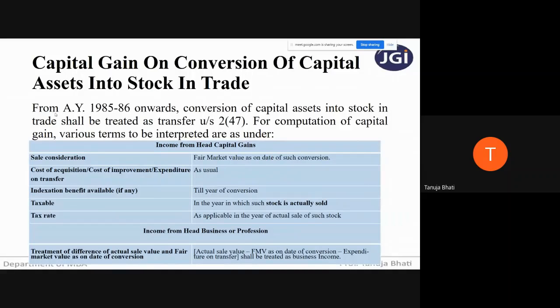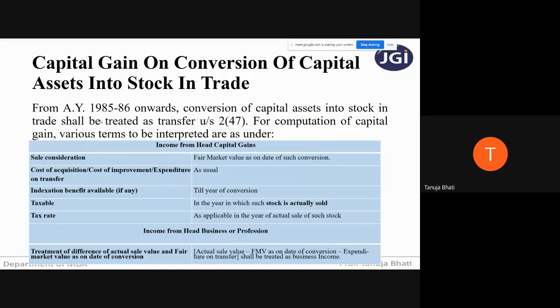So let us see. From assessment year 1985-86 onwards, conversion of capital asset into stock in trade shall be treated as transfer. Means if any capital asset is converted into stock before 1985-86, then you're not going to calculate the capital gain, because at that time it was not regarded as transfer.